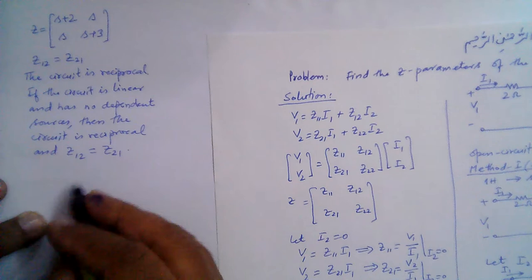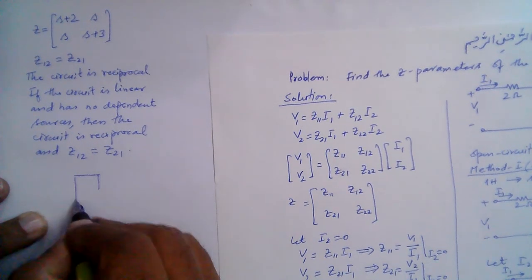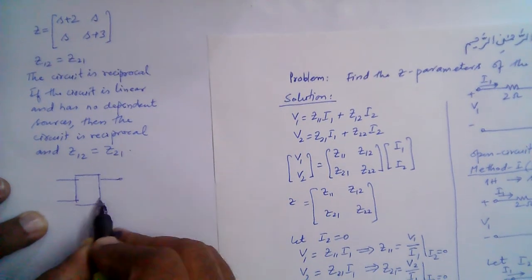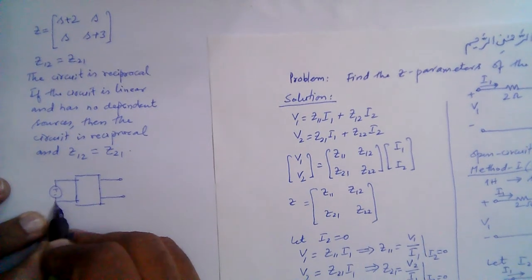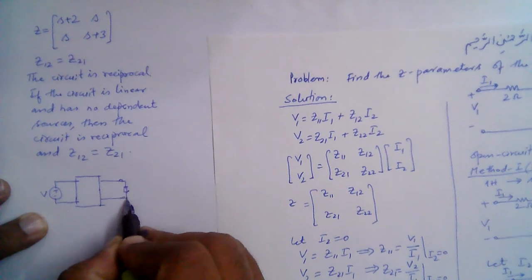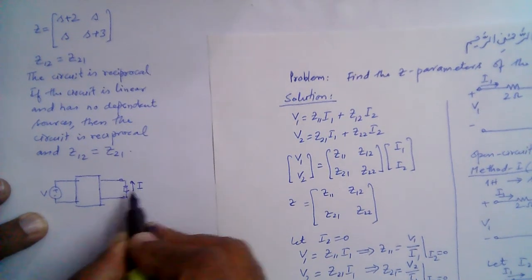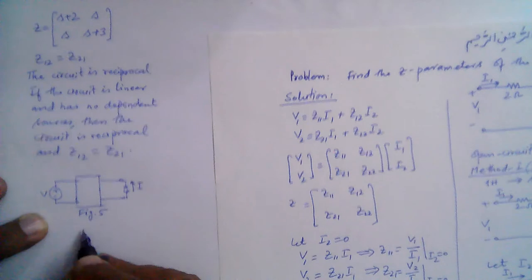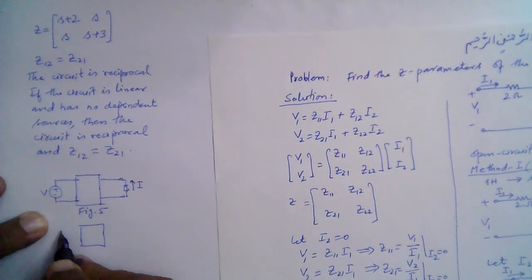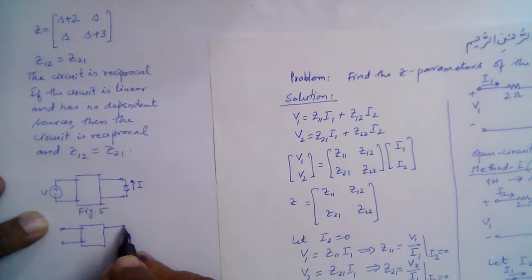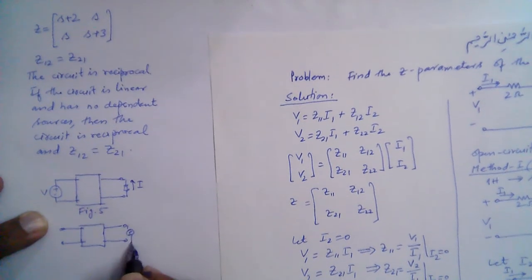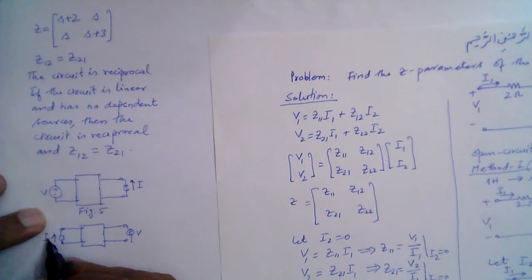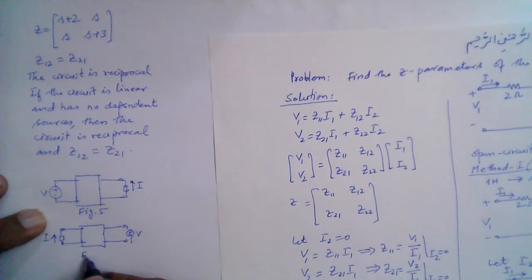Practically, if we have this linear network with port 1 and port 2, and we connect a voltage source V here and measure the current I flowing through here, and then, using the same circuit, we switch the ports and connect the same voltage source V across this port and measure the current I here, then the current will be the same as this one. Let me call this fig 6.